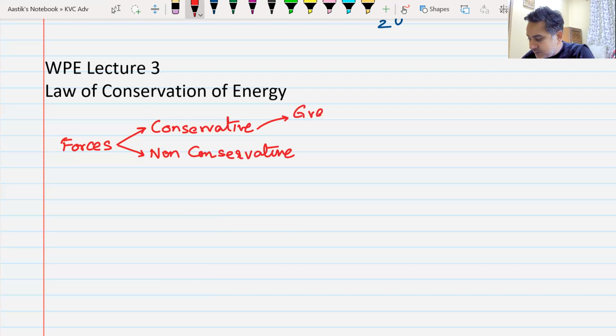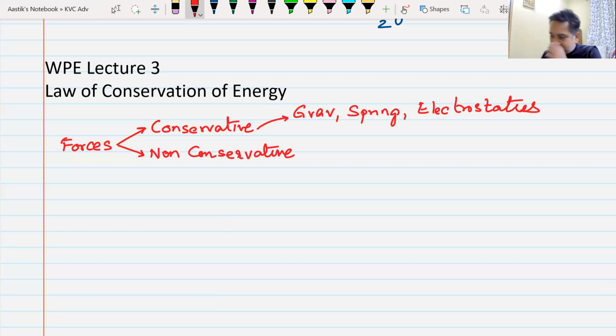Gravitational force is conservative, spring force is conservative, electrostatic force is conservative. These are the three types of conservative forces that we will come across. When we talk about non-conservative force, any resistive force, friction, air drag, all these are non-conservative forces.